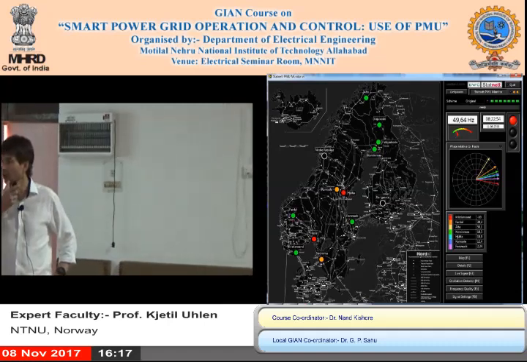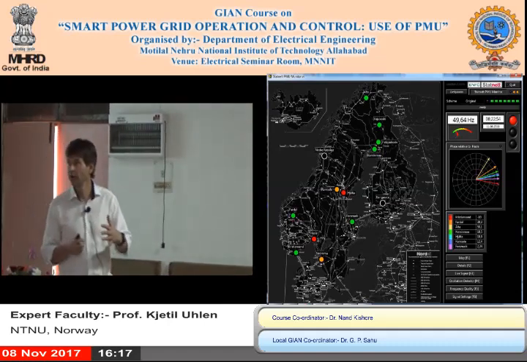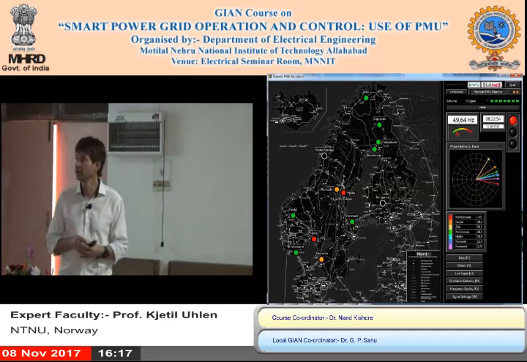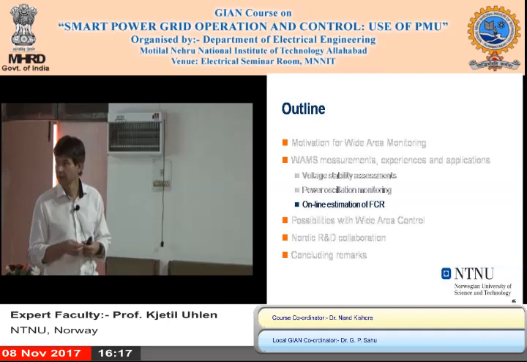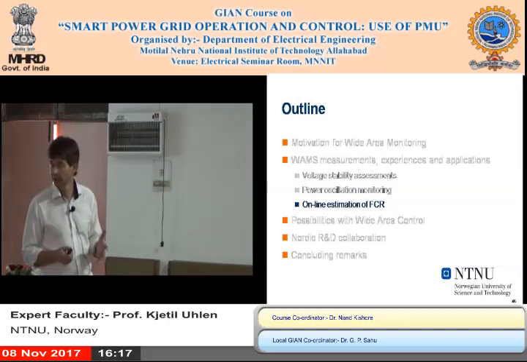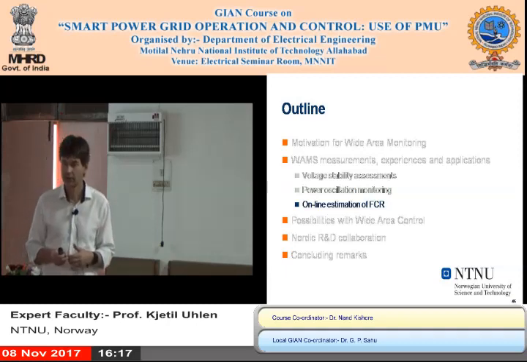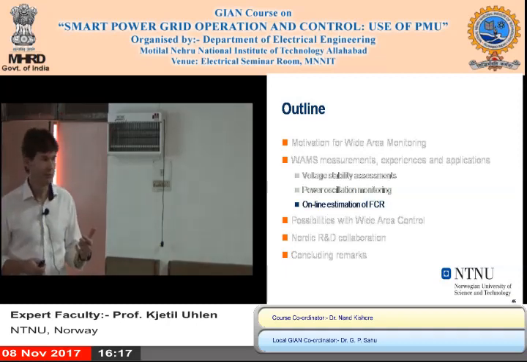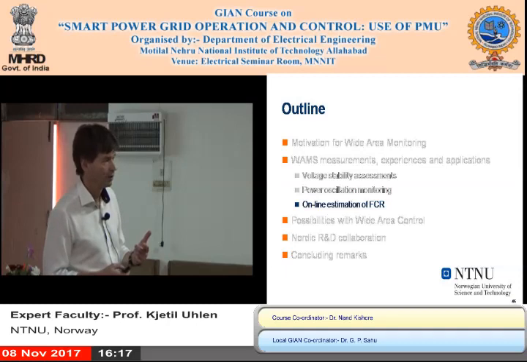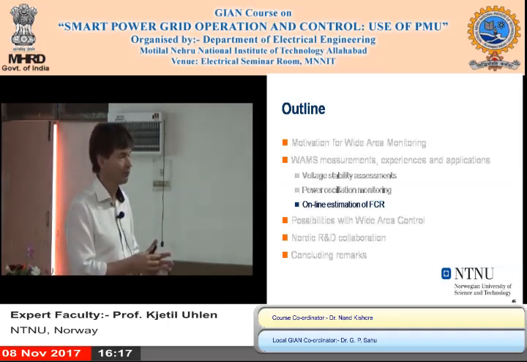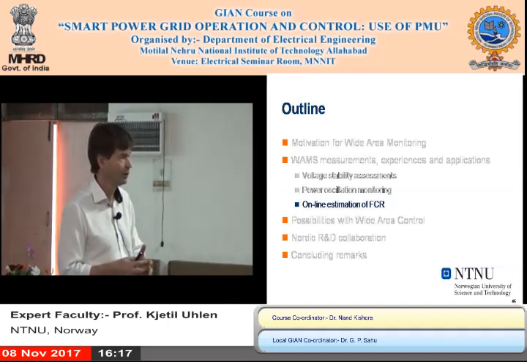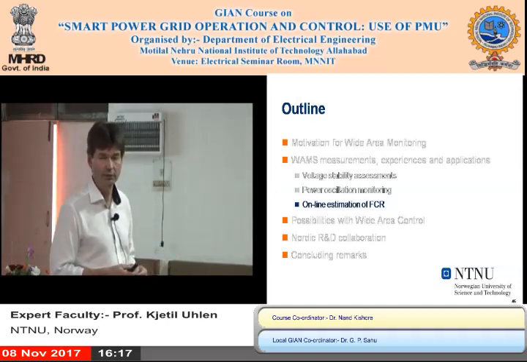Another area of interest is in utilizing the measurements to identify certain dynamic properties of the network. And that is useful for several purposes. For the analyst, it helps in improving the model, validating the model, getting better parameters.